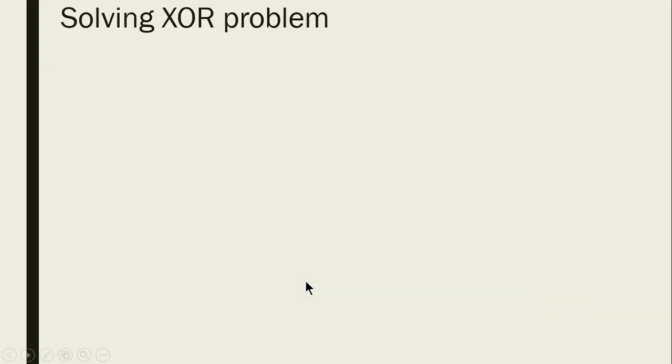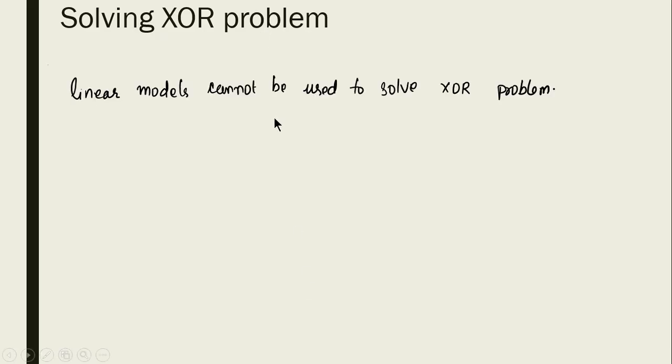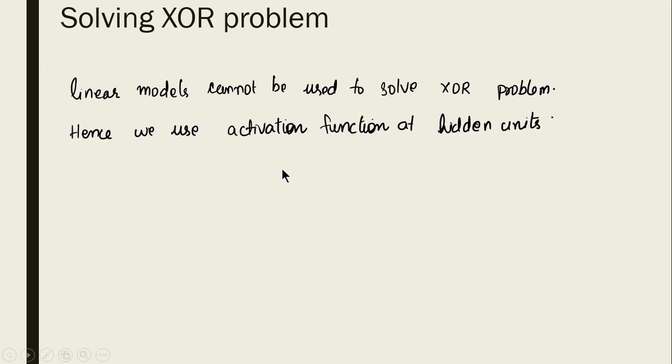Then how can we solve this XOR problem? One thing is clear, we cannot use any linear model here. Linear models cannot be used to solve the XOR problem, hence we use the activation function at hidden units. So we introduce a new thing called the activation function.